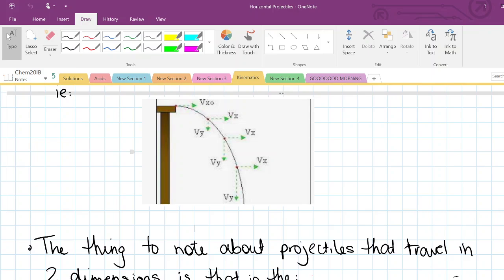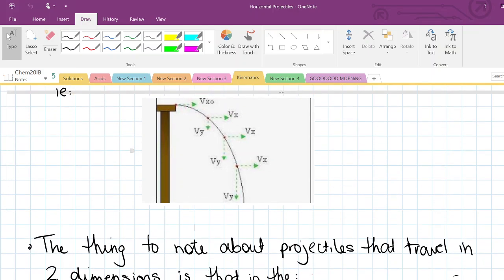The reason that happens is that in the x direction, there's no real accelerated motion. We assume that the object is not being affected by things like air resistance, so there's nothing impeding the x component of this velocity vector. But in the y direction, we know that gravity is continuously working in the downward direction.